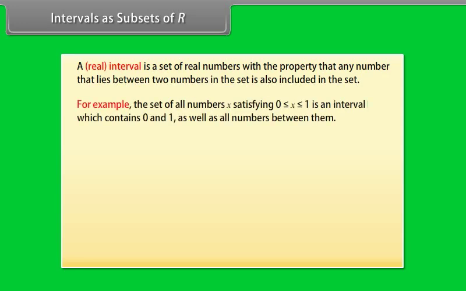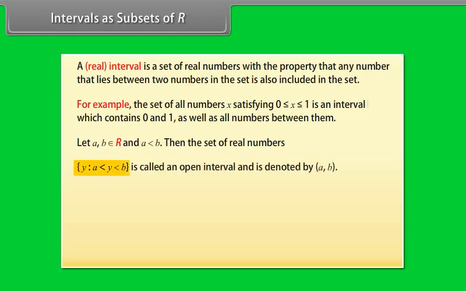For example, the set of all numbers x satisfying 0 less than or equal to x less than or equal to 1 is an interval which contains 0 and 1, as well as all numbers between them. Let A, B belong to R and A less than B. Then the set of real numbers y such that A is less than y is less than B is called an open interval and is denoted by (A, B).